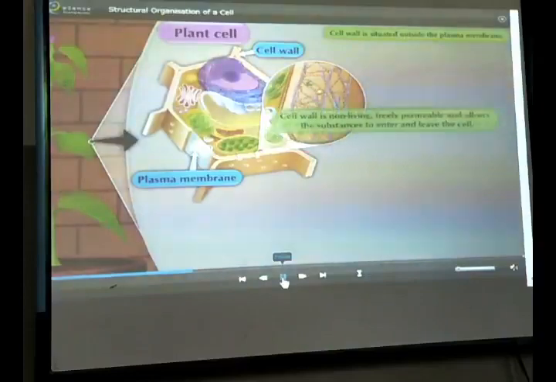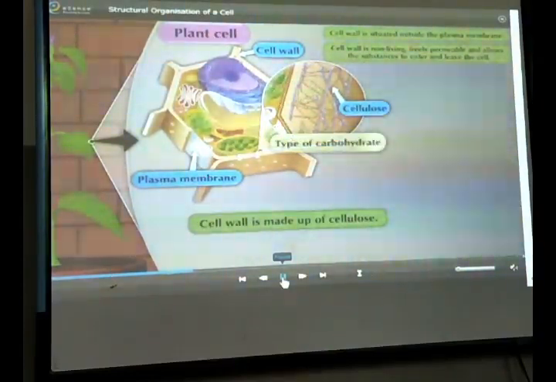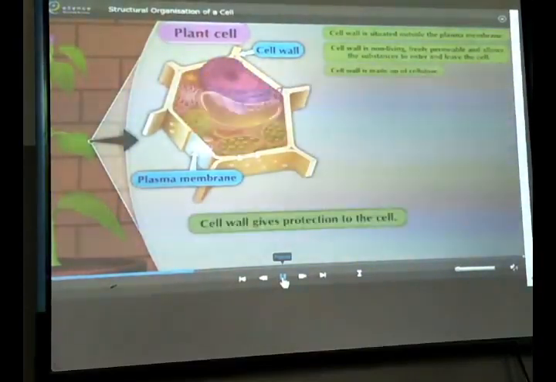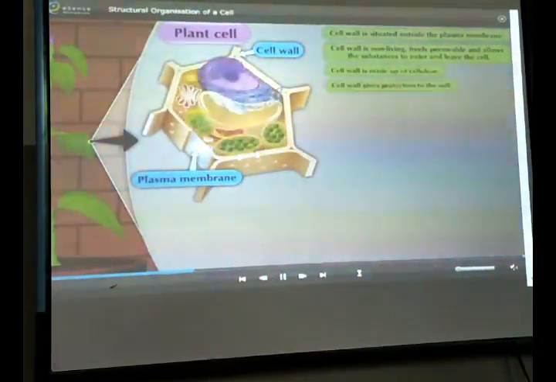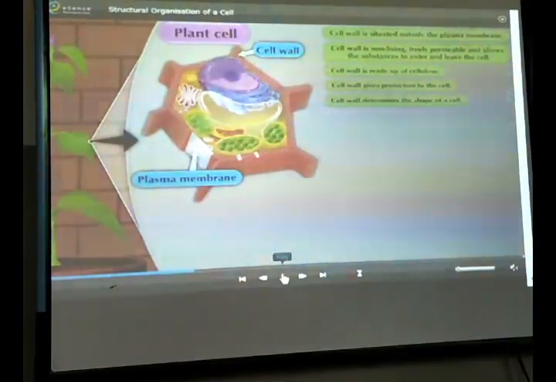Here some particles enter through the cellulose. So in this type of cell, you can understand that the cell wall is the covering of the plasma membrane.